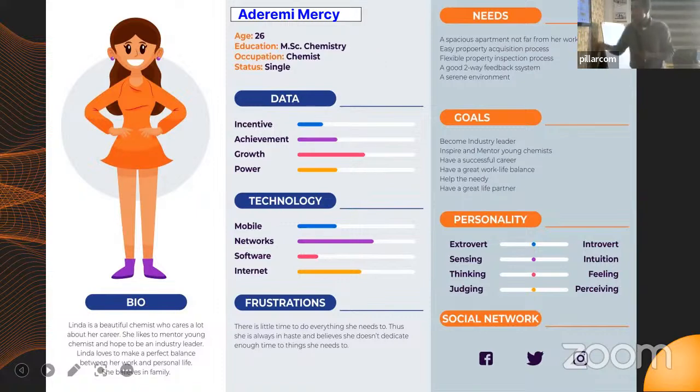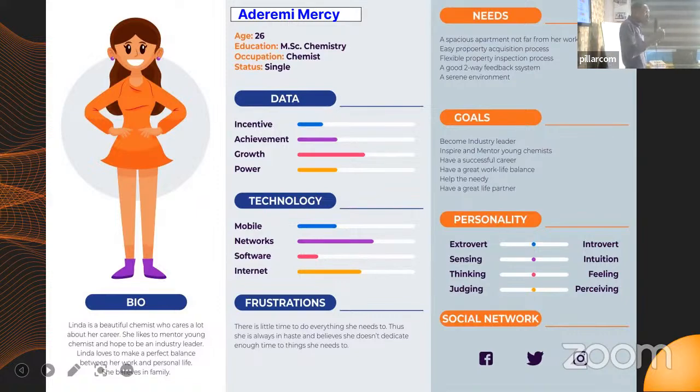And also, what's her frustration? What usually frustrates her? There is little time to do everything. She doesn't have much time for herself, so she has little time on her hands to do what she has to do. She's a very busy person. So when we look at all this, it is what informs us to create a survey that goes out to this kind of person.